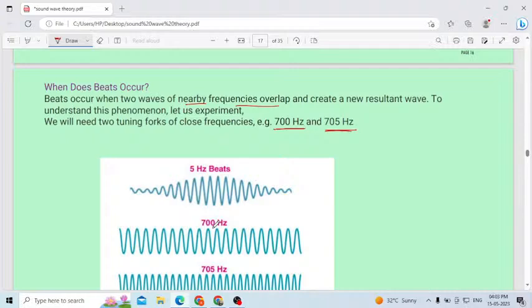One is 700 hertz, another one is 705 hertz. Here you can observe the frequencies are nearly equal. Then the difference in frequency is 5 hertz. So the beat it will produce has a frequency of 5 hertz.